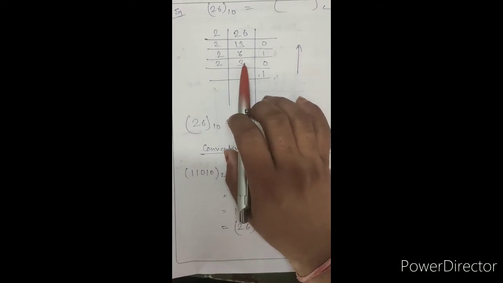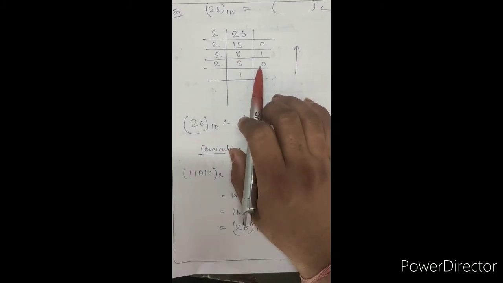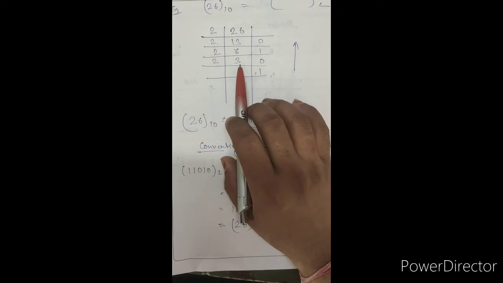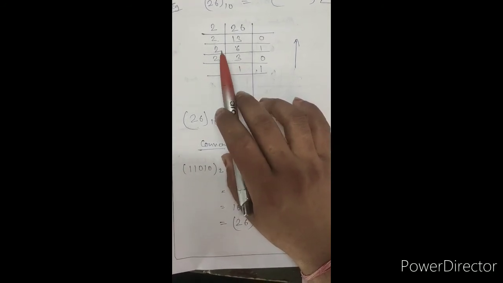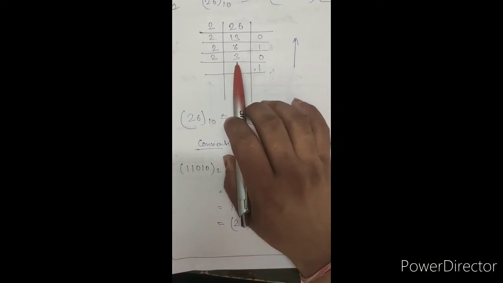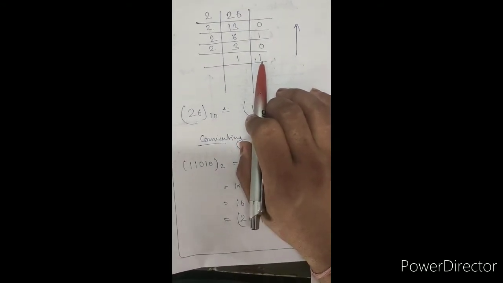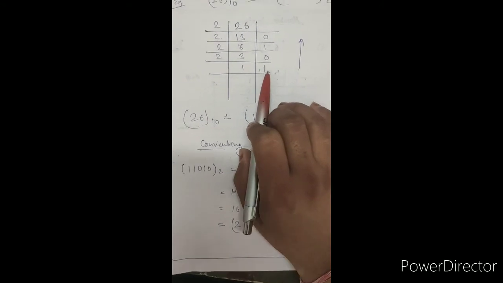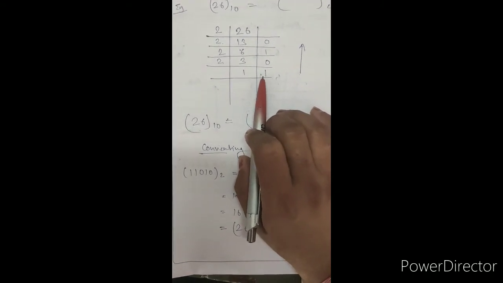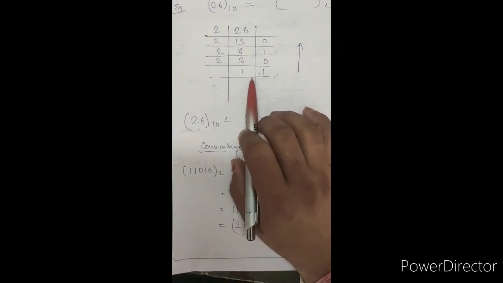3 times 2 is 6, and again we get remainder 0. Then again we divide 3 by 2. 2 times 1 is 2, and 3 minus 2 is 1, so the remainder will be 1. Here the answer is this 1.